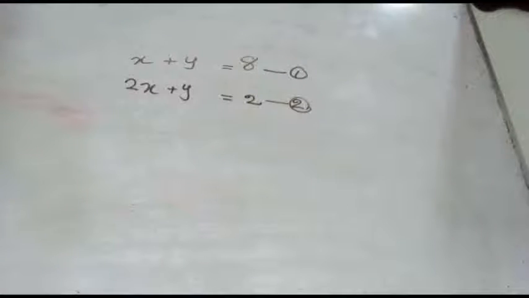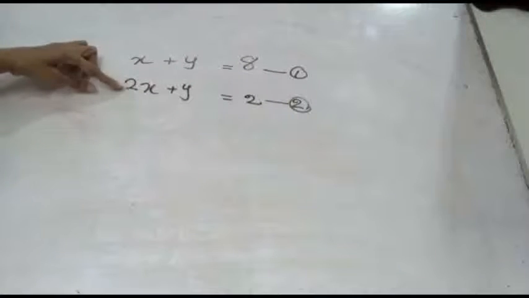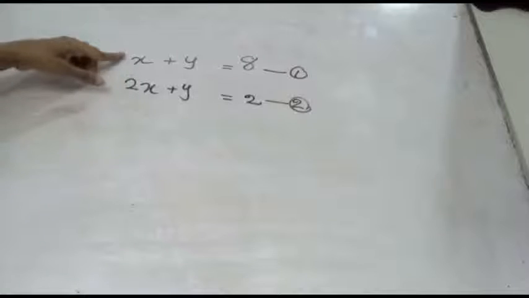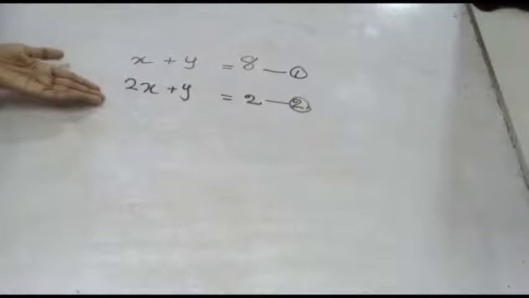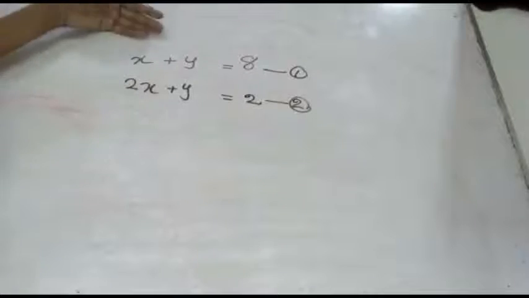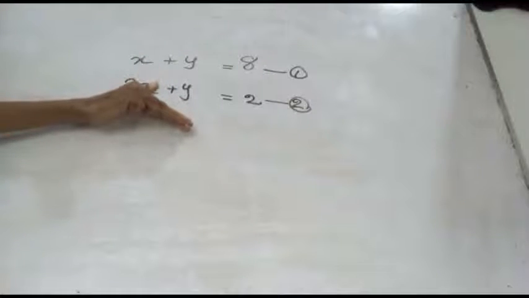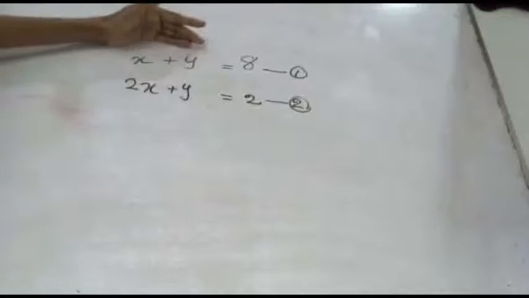Therefore, let's subtract one equation from another to eliminate y. The coefficient of x is 2 in one and 1 in the other. Then 1 subtract from 2 is equal to 1.